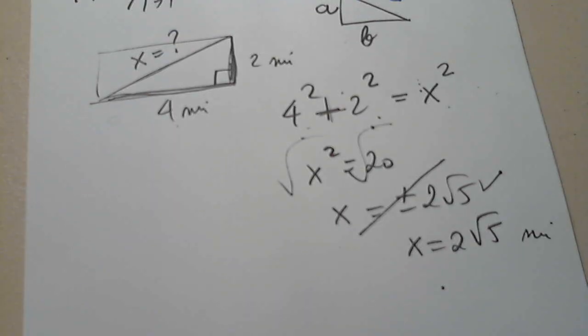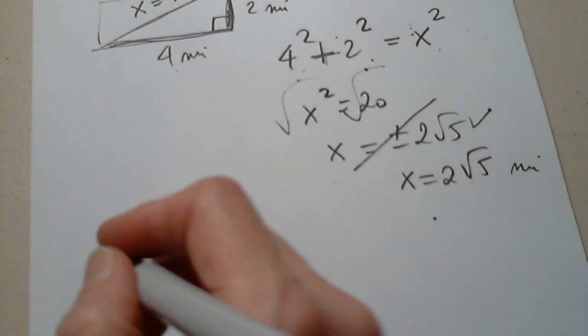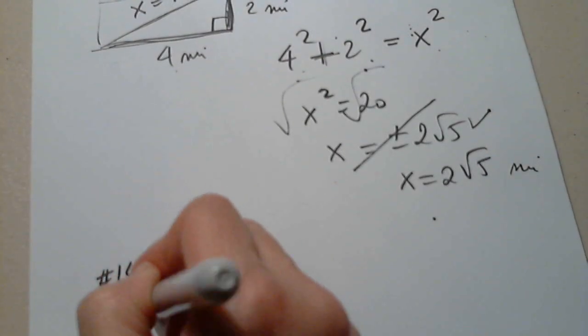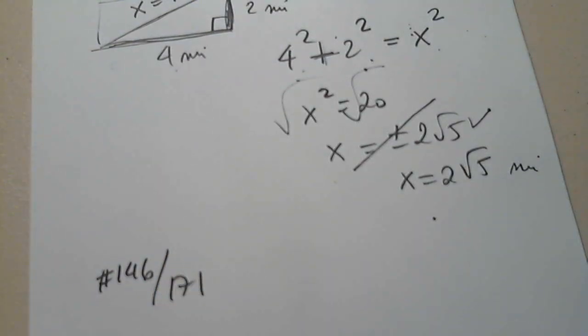Okay, here's another. 146 on page 171. A rectangular parking lot has a length that is 3 yards greater than the width.